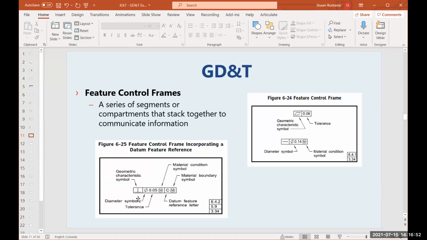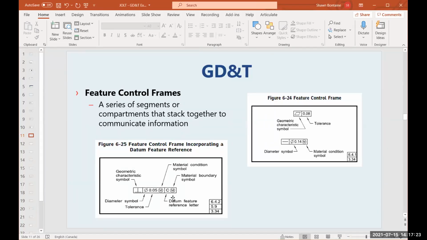But in figure 6-25, we have a perpendicularity of 0.05 to datum C. In other words, we have a 90-degree relationship as a condition to datum C. In the tolerance portion, we see that it is a diameter, so that's telling us that it is something like a hole or a boss sticking up, and we're talking about the perpendicularity of the axis.